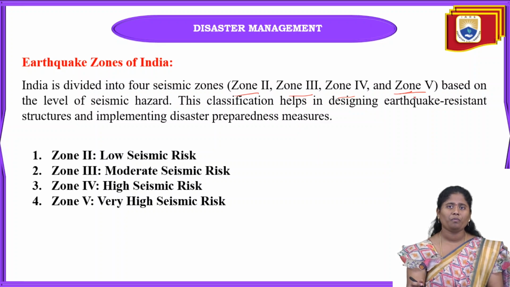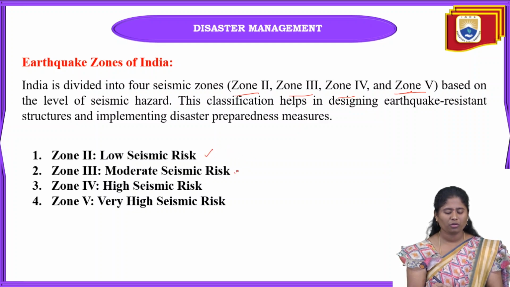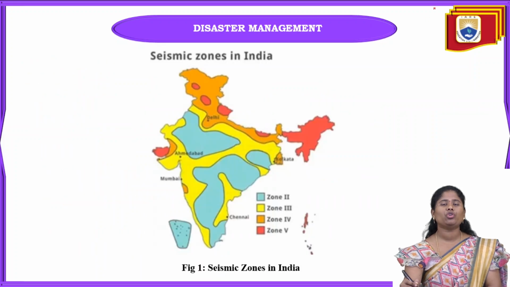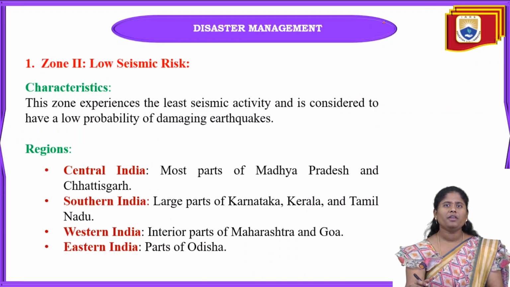Likewise, here Zone 2 is the low seismic risk, Zone 3 is the moderate one, Zone 4 is the high seismic one, and Zone 5 is the very high seismic risk area. First one is Zone 2. Zone 2 is the low seismic risk area.